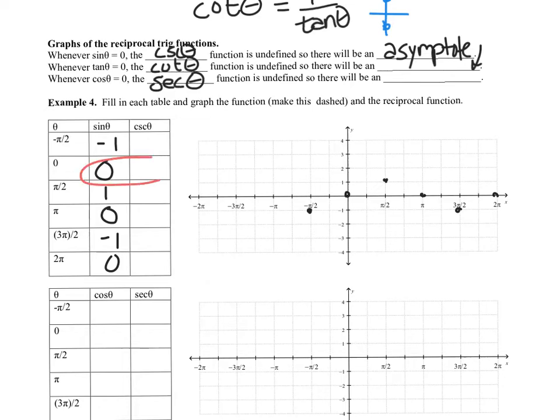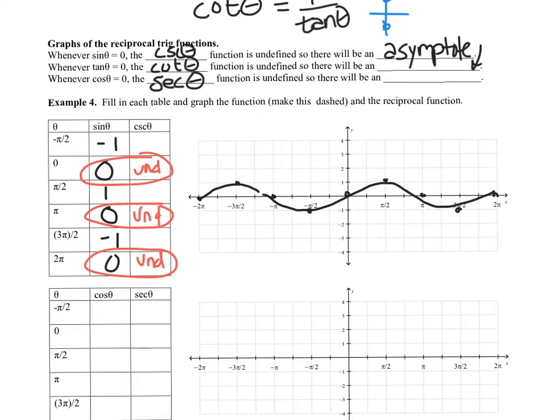my asymptotes are going to be, for the cosecant of theta, where the cosecant of theta is undefined. So I'm going to continue the pattern on to the left here, negative pi, negative 3 pi over 2, negative 2 pi, and draw my sine function.